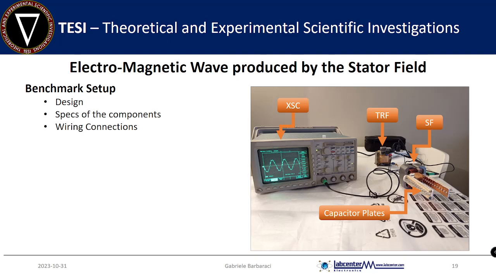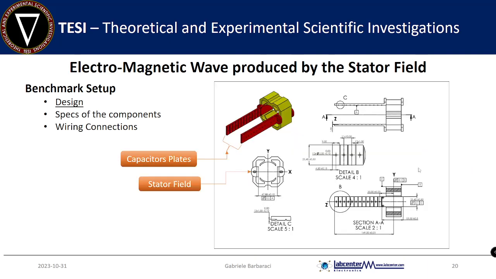All right, the benchmark setup is characterized by an oscilloscope, capacitor plates developed by 3D printing and overlapping a copper film tape of a specific thickness, linked to a stator field, which appears here, and a transformer which is supplying energy to the entire stator field.